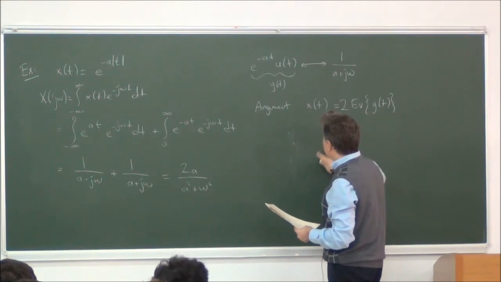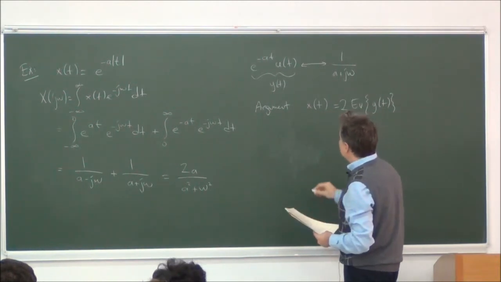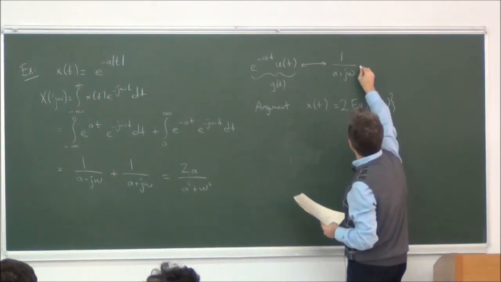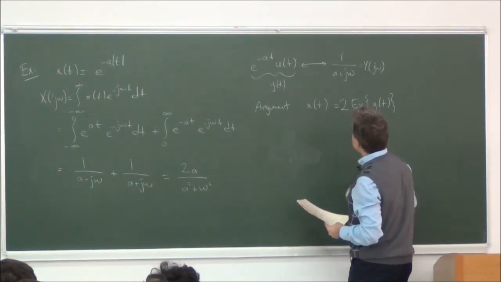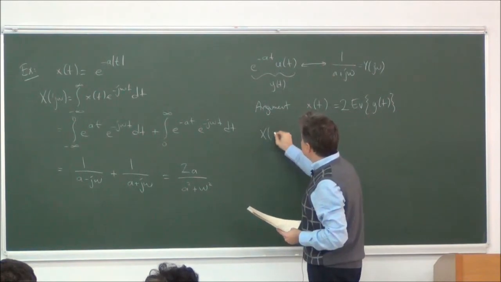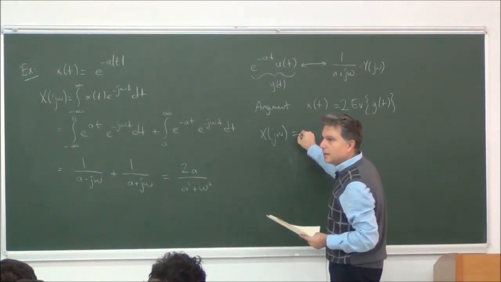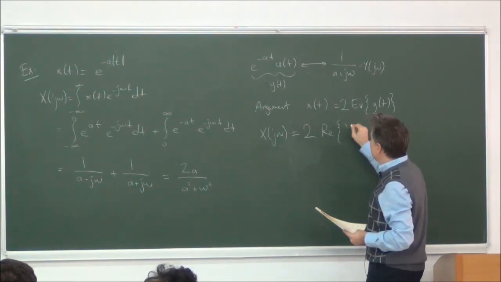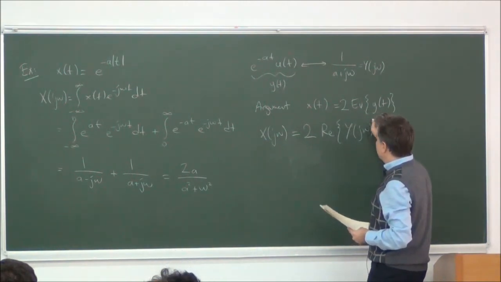Now, starting from there, what do we need to do for the Fourier transform of this, which is y of j omega? What is x of j omega then? It is twice the real part of y of j omega. Isn't it?